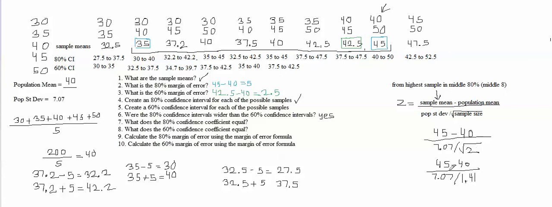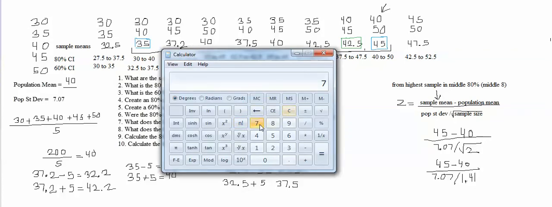Next, we can just divide on the bottom, because instead of having a square root, we just have a number now. 7.07 divided by 1.41 is about 5.01, which means we have 45 minus 40 over 5.01.